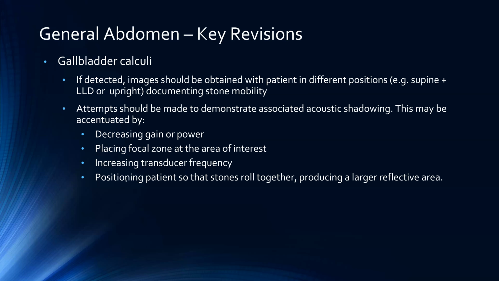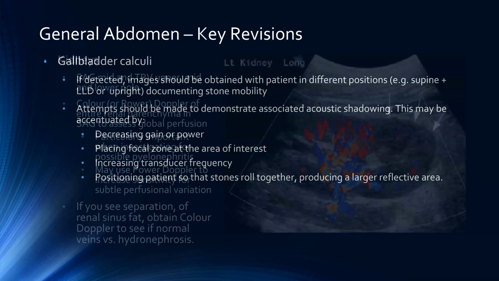That could include something as simple as repositioning the patient so that those stones roll together and produce a larger reflective area, but from a technical standpoint, decrease the gain or power, place the focal zone at the level of the stones, or increase the transducer frequency in order to accentuate that shadowing.